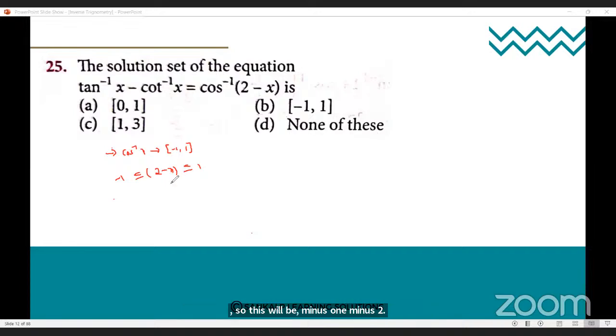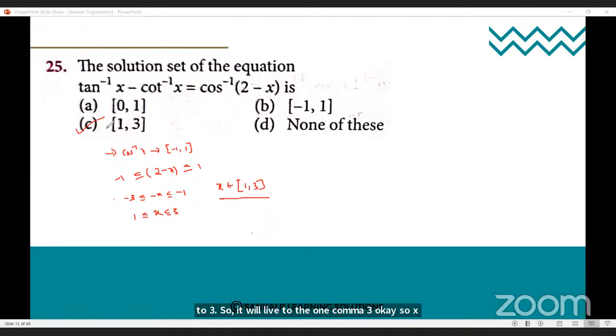Pay attention: on simplifying this further, we get minus 3 less than or equal to minus x less than or equal to minus 1. Change the sign and make x positive, so it will be 1 less than or equal to x less than or equal to 3. So x will lie in the interval 1 comma 3.